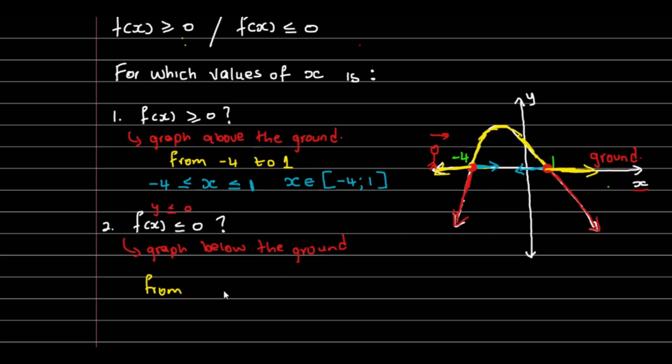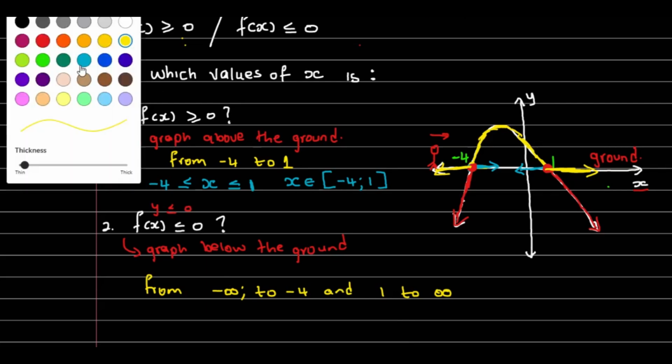So x must be, let's say, from minus infinity all the way to minus 4, and also from 1 all the way to positive infinity. The graph will be below. You see, that's how easy the question is.